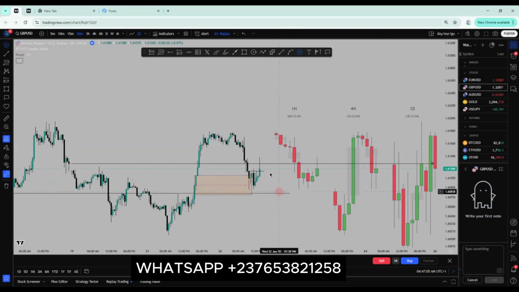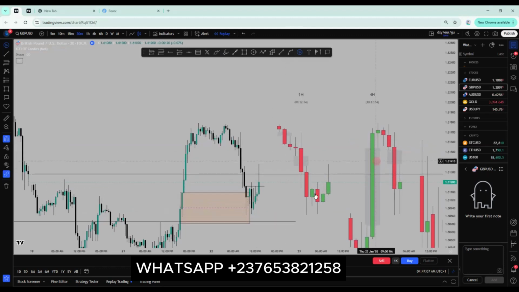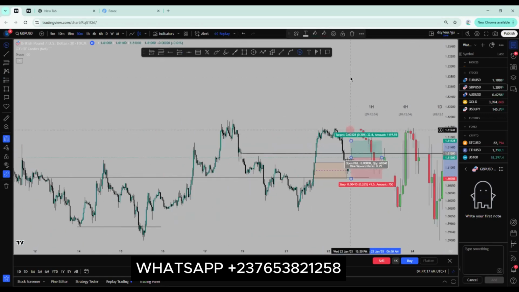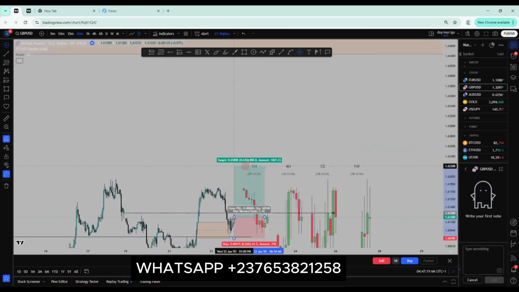Good. So we've closed above it now. So we can take our long position from the open of that candle with our stop slightly just below that area. And then we can target higher prices.